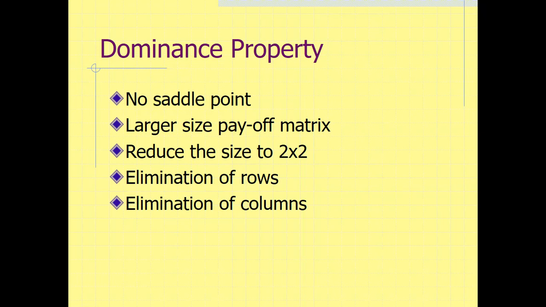Sometimes a payoff matrix of larger size, where the saddle point may or may not exist, can also be reduced by applying the principle of dominance, where certain rows or certain columns are carefully eliminated prior to obtaining a payoff matrix of the smaller size, so that the optimum strategies for the two players could be obtained with the methods already explained. The rule of dominance is especially useful for the evaluation of two-person zero-sum games where a saddle point does not exist.